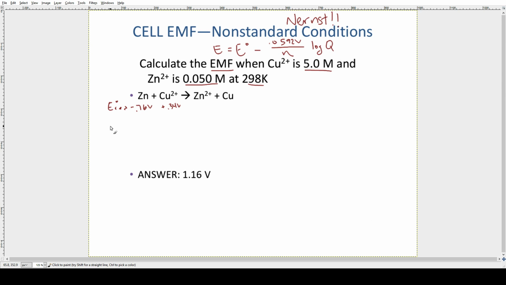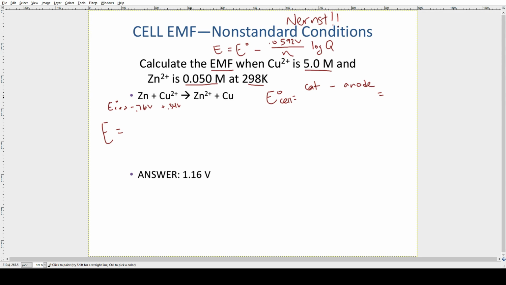So let's just plug them in. E is equal to the E standard, which is anode minus cathode or cathode minus anode? E standard of the cell is cathode minus anode. So let's solve for this separately first. What is being reduced here?